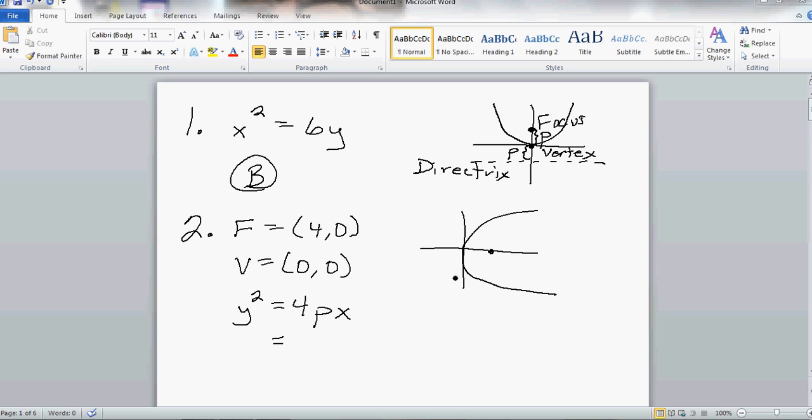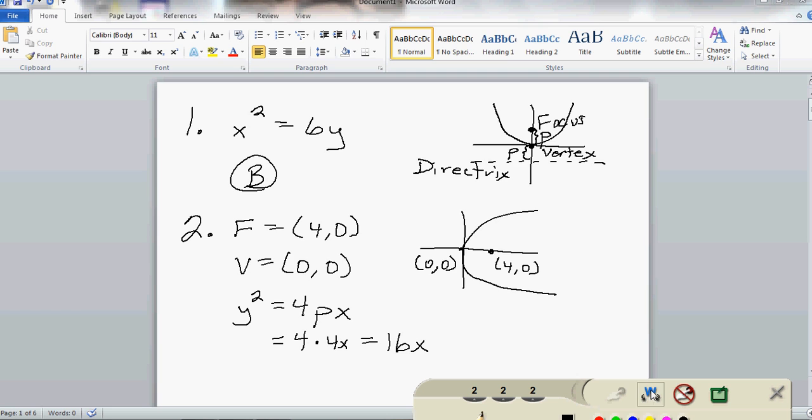If the focus is here at 4, 0 and the vertex is at 0, 0, p would be the distance from here to here, or 4. So this becomes 4 times 4x, or 16x. So the equation of this parabola is y squared equals 16x.